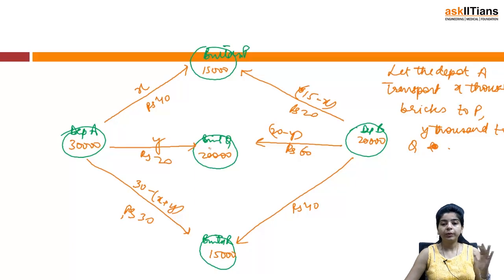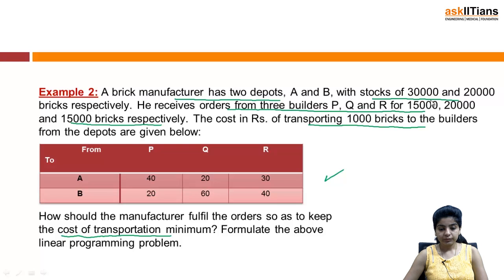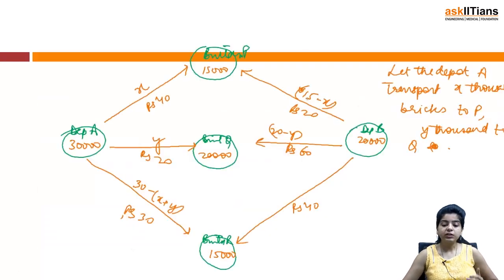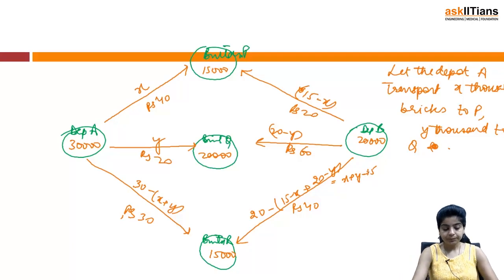Q's total requirement is 20,000, y is obtained from A, so 20 minus y would be given by B. The capacity of B is 20,000, out of which it has given 15 minus x to P and 20 minus y to Q, and the remaining goes to R. That is 20 minus ((15 minus x) plus (20 minus y)), which becomes 35 minus 15 plus x plus y, so x plus y minus 15.